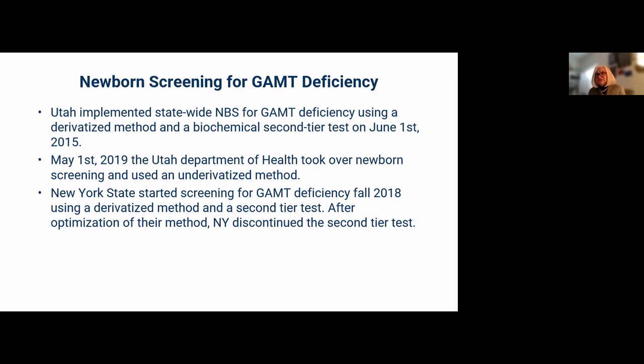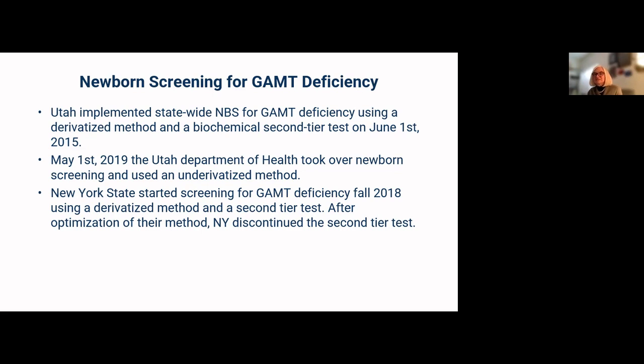In 2019, roughly 4 years later, the Utah Department of Health took over newborn screening, and they continued the screening for GAMT deficiency, but now they used an underivatized method.